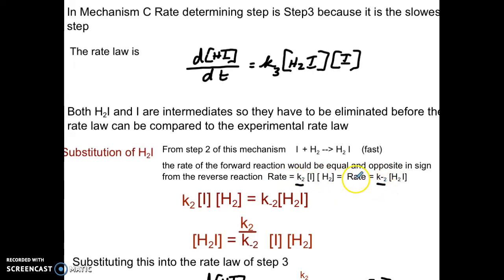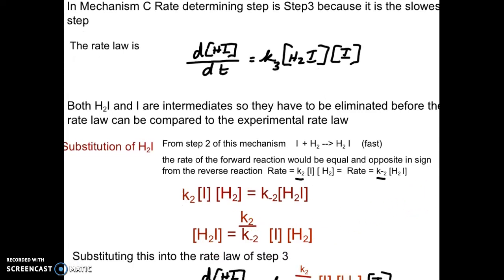Putting these two rates equal to each other, because they're done at the same temperature, I can write K2, the rate law constant, times I times H2, equal to the reverse rate constant times H2I.